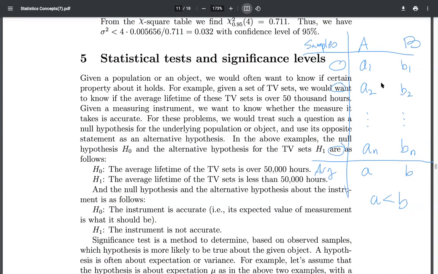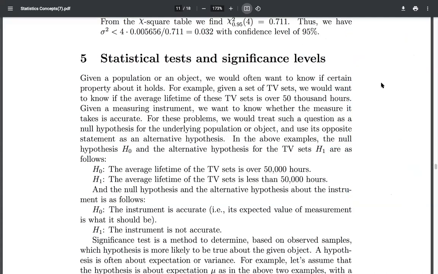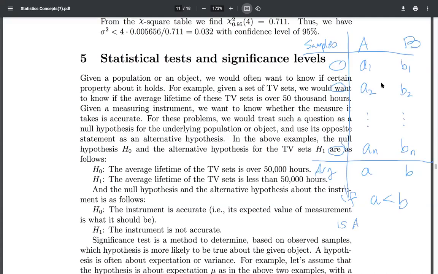Now, can you claim that B is better? If A is less than B, is B better than A?